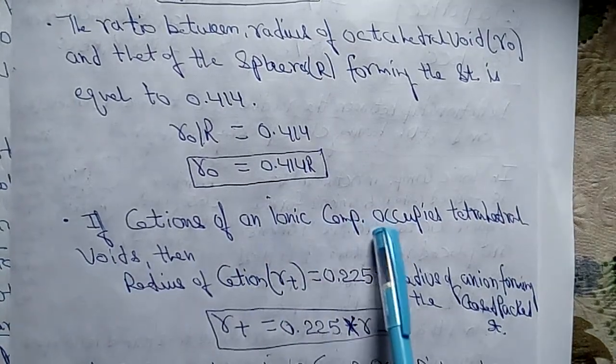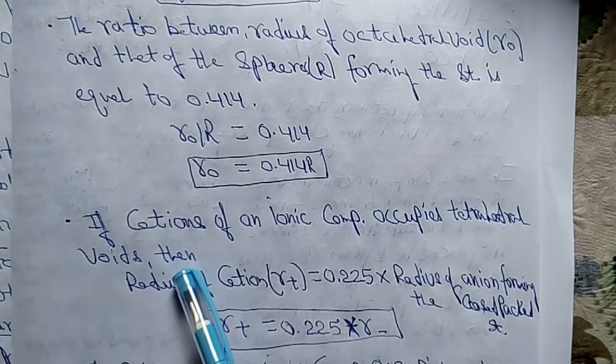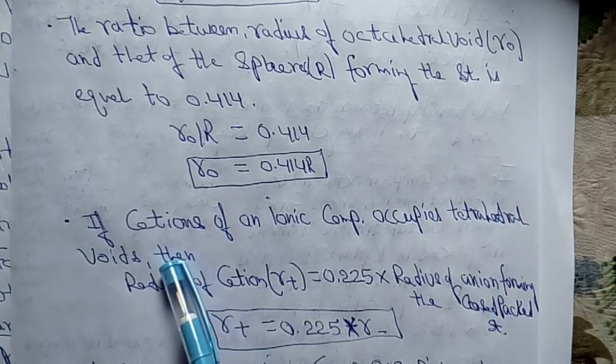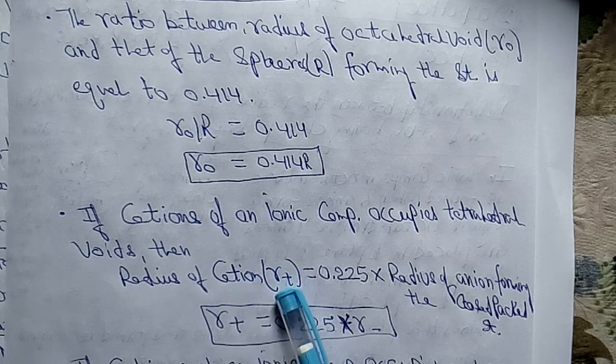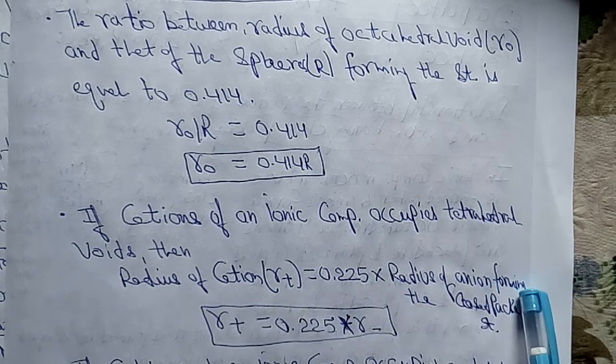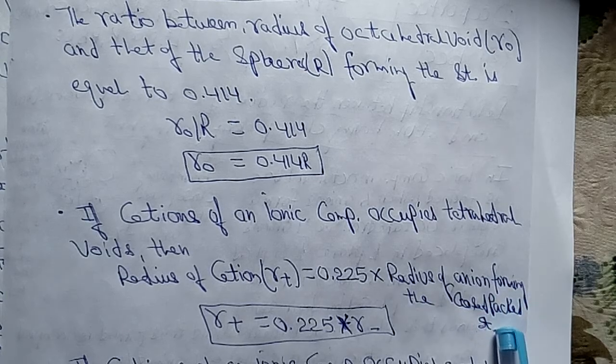Next, if the cation of an ionic compound occupies tetrahedral void, then the radius of cation RT is equal to 0.225 times the radius of anion forming the closed packed structure.